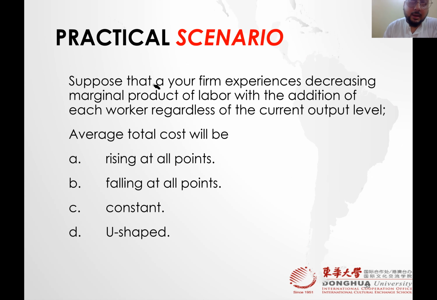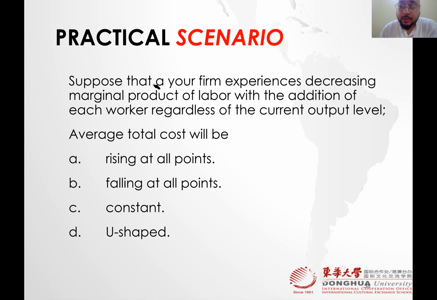If you understand that, let's develop some practical examples. Suppose that your firm experiences decreasing marginal product of labor with the addition of each worker regardless of the current level of output. Average total cost would be, please tell me, what is the answer here? We would experience diminishing marginal product, right? That is part of the property of marginal product.